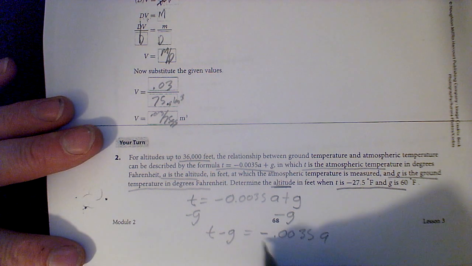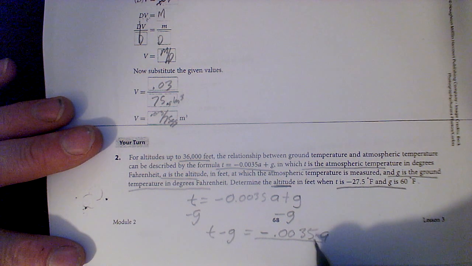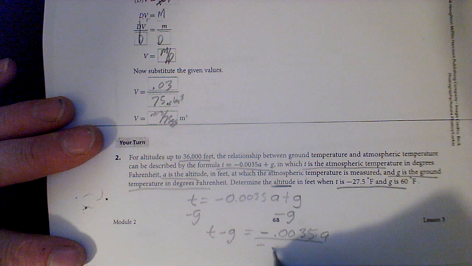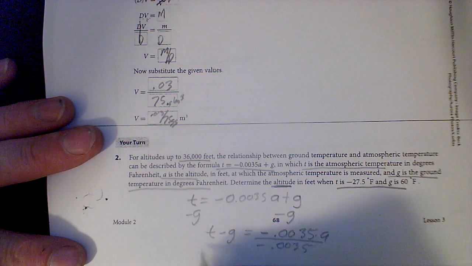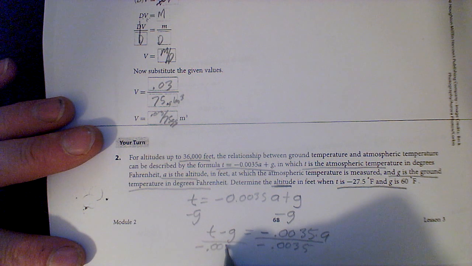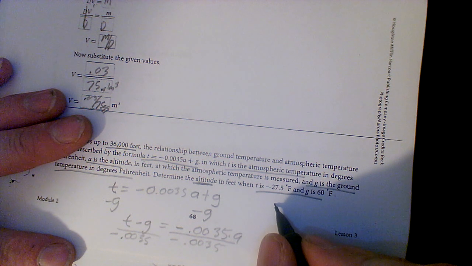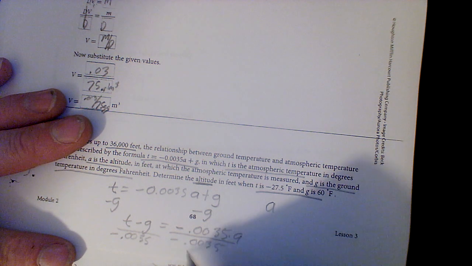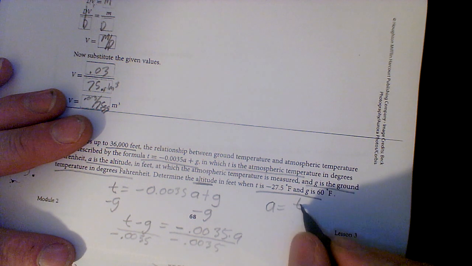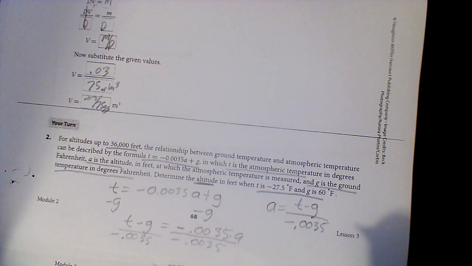I still want to get the altitude by itself, so I do the inverse operation. Divide by negative 0.0035. That's multiplication, so the inverse operation is division. What I get is this: altitude, because these cross off, is equal to T minus G divided by negative 0.0035. And then I plug everything in.